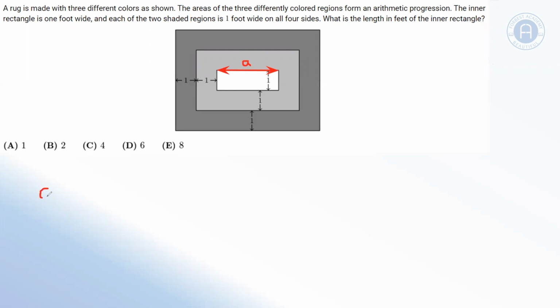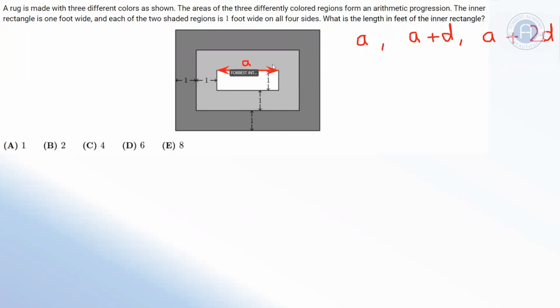The way I always think of an arithmetic sequence is our first term is A, our second term is A plus D, and our third term would be A plus 2D, so increasing by D each term. Now I've only got three different colors in here, so you only need those 3 terms for our sequence. So I'm just going to put those to one side and we'll come back to those later.